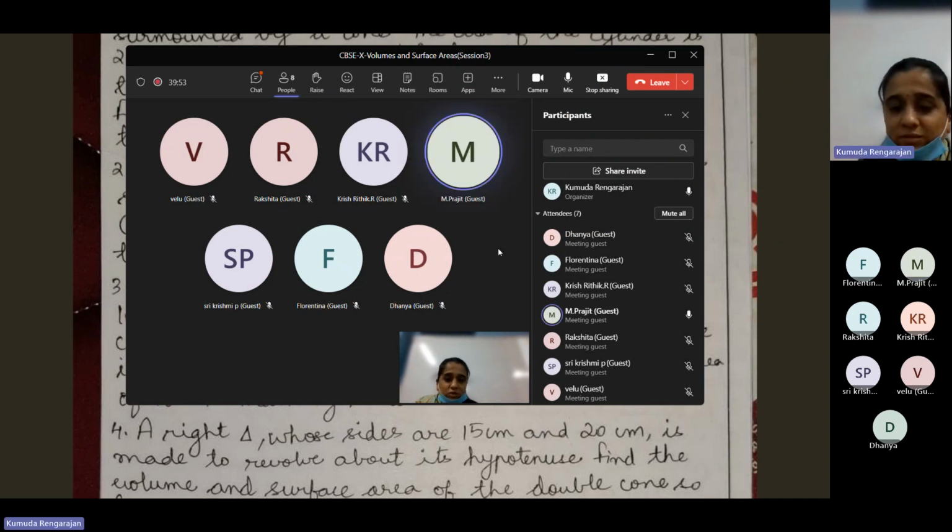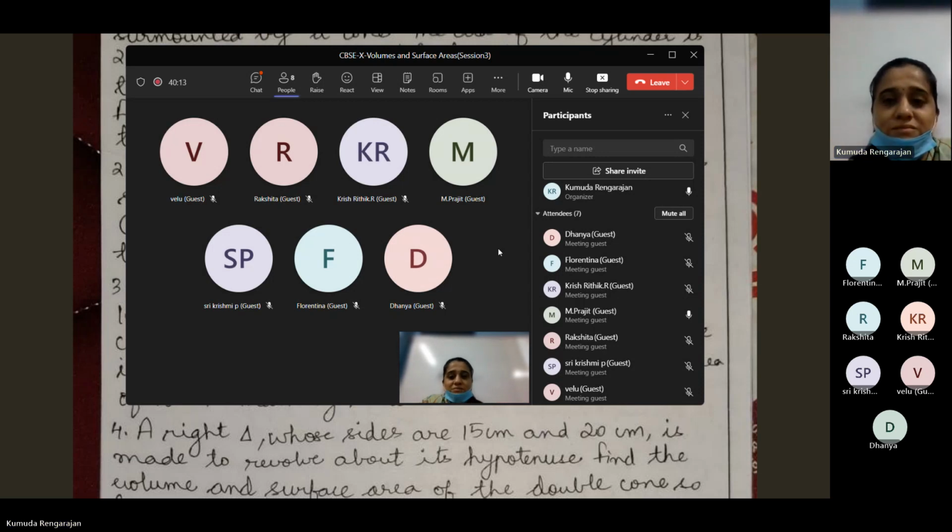4 pi r square, okay, because it is a sphere, so TSA is 4 pi r square. 150, okay, because 150 hemispherical depressions, but how 150 pi r square? Plus, and why is it plus and why not minus? So you arrived at that with some earlier steps, right? I want you to explain them. Okay, anyone else?